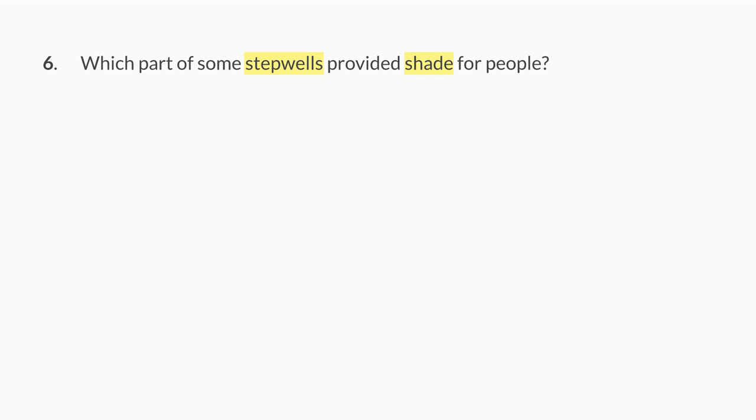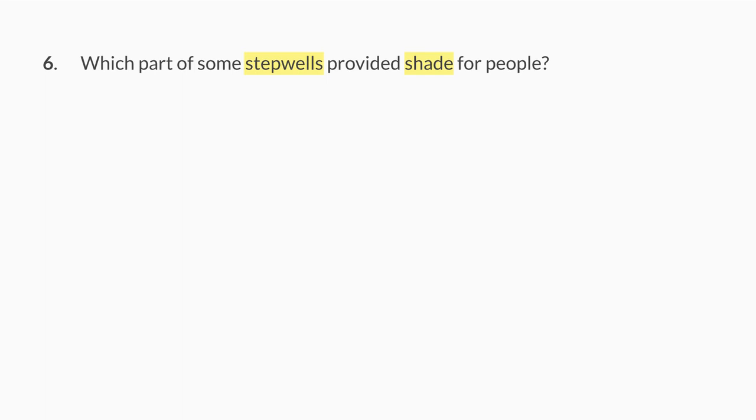So do you think that this is really going to be a helpful keyword? Do you think that step wells is a helpful keyword? It's not. It's not a helpful keyword because it's too repetitive. Because the whole article is about step wells, we're going to be seeing this keyword appear again and again in paragraph after paragraph after paragraph.